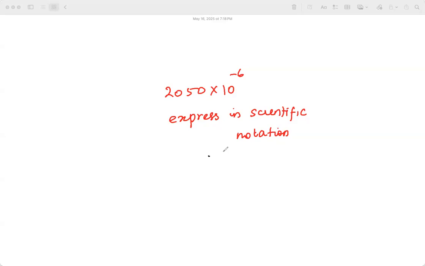Can you do it? Not a hard one, right? This one, what do you want to do with this? How do you convert it to find a number between 1 to 10? How to find?